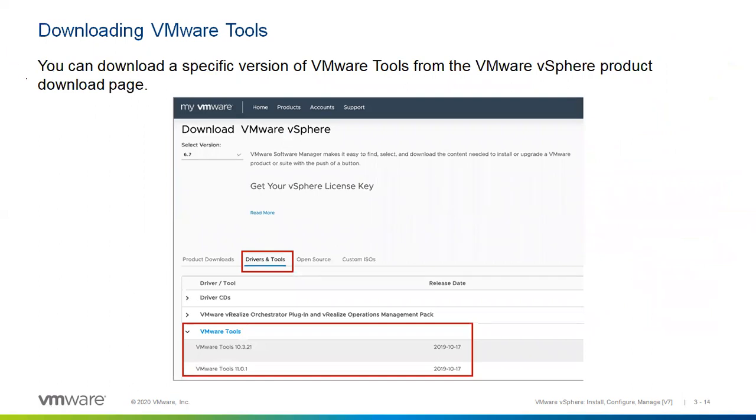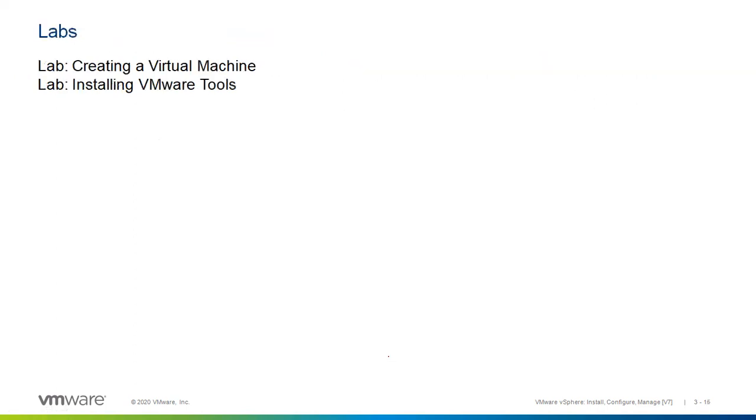Like in the example I told you, if you need to download the version, you have to log into VMware, go to software downloads, choose the right version of tools, then you will be able to download these tools. But as I said, normally the default tools version supported for that ESXi version is available. In some rare cases where we need to give a higher level of tools, you have to download it manually and insert it manually.